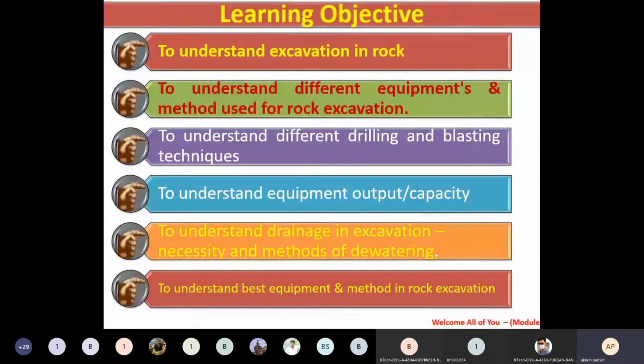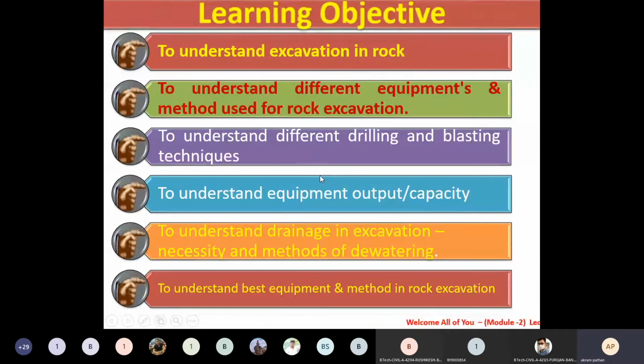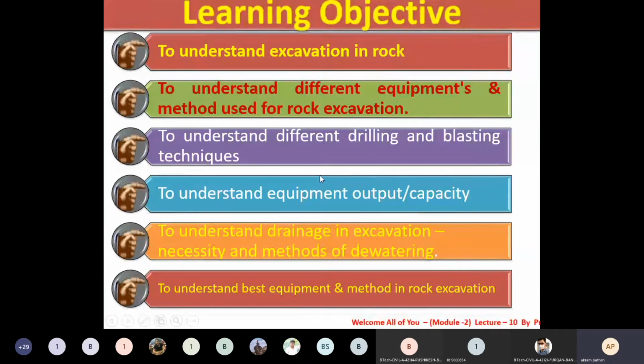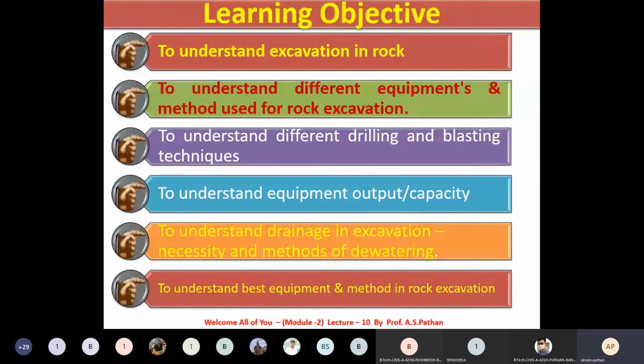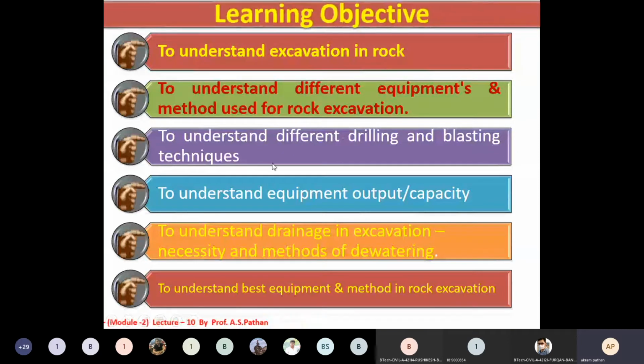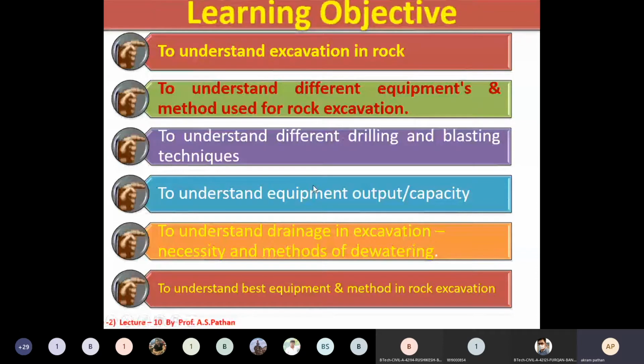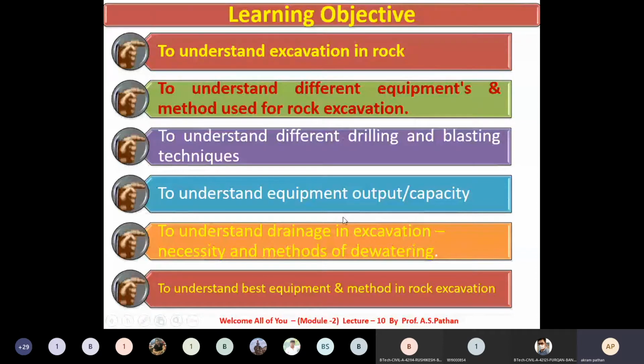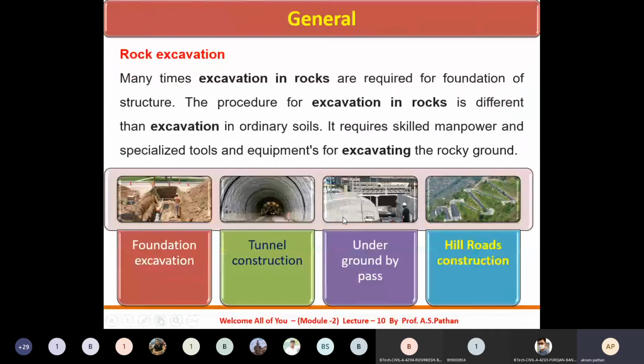Also, these things are very important: the learning objectives. Why should one learn this particular unit on construction techniques? In the previous slide, these are the areas where we are going to learn in detail about the different types of rock or different types of material we are going to excavate.